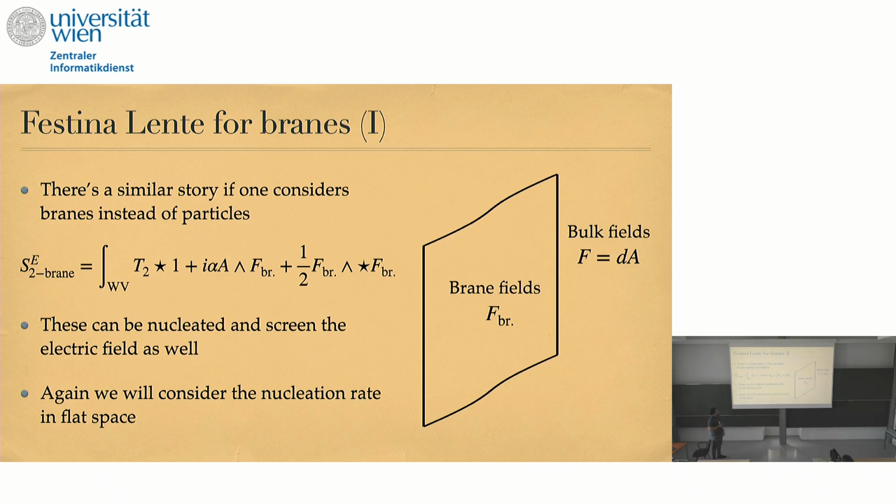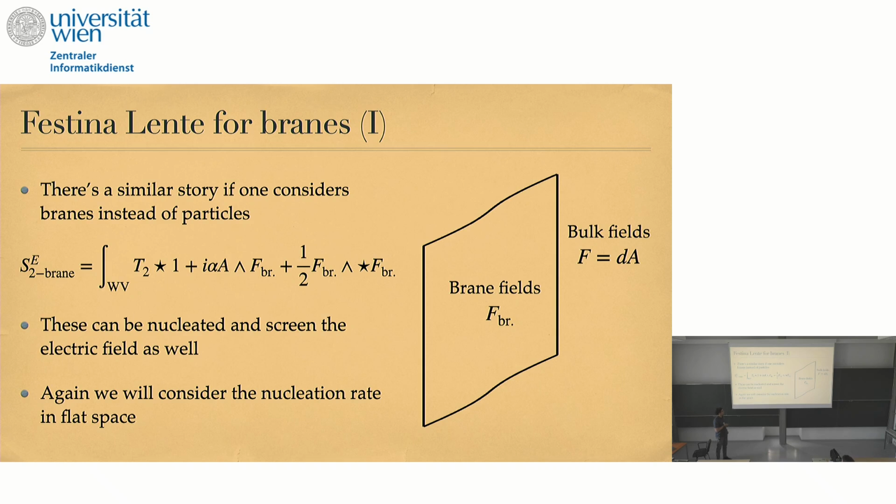Okay. So what this coupling means is that this brane can become electrically charged under A if there's a non-trivial profile of FBR on its surface. If FBR has an expectation value on the brane, then you can imagine doing 2 of these 3 integrals over FBR, and you get an electric charge.